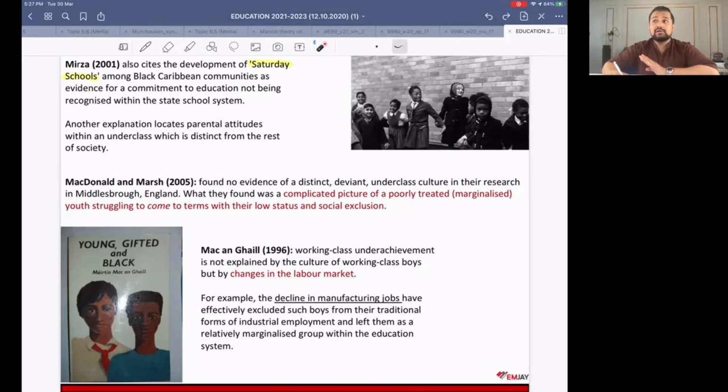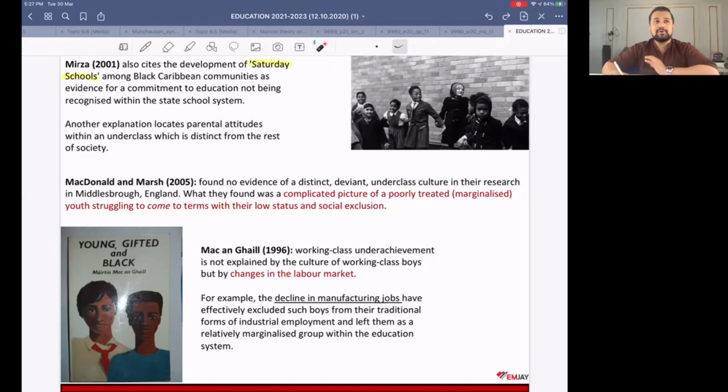Very conveniently, many people have established a very stereotypical image of how these working class youth are troublemakers, how they're deviants, how they're a part of anti-school subcultures, a part of underclass cultures.